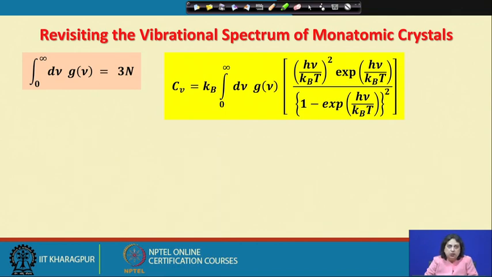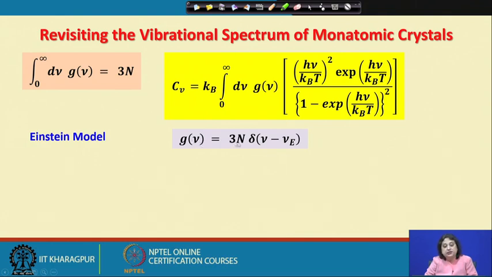So, now that I know that CV can be represented in terms of this term h nu by kT and the density of states g(nu), in the Einstein model it was approximated that g(nu) is 3n into a Dirac delta function, which gives you a peak at nu equal to nu E, the Einstein frequency.